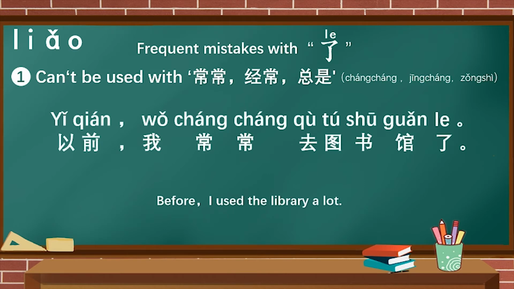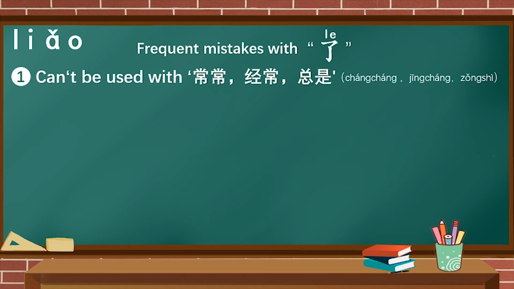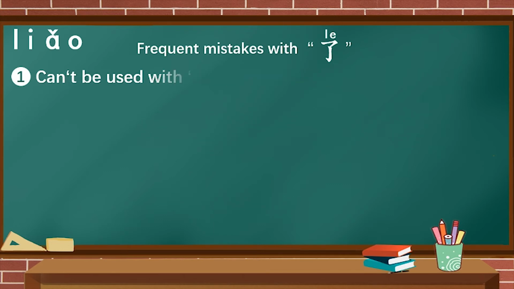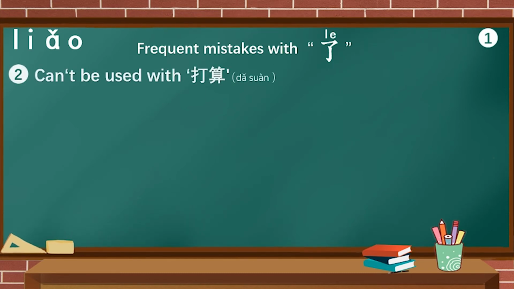For example, 以前我常常去图书馆了。This is the wrong sentence. The right sentence is 以前我常常去图书馆。打算 means to plan.